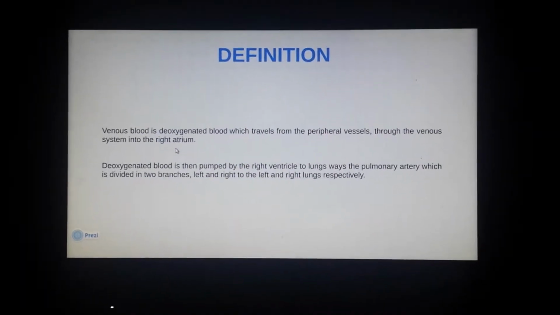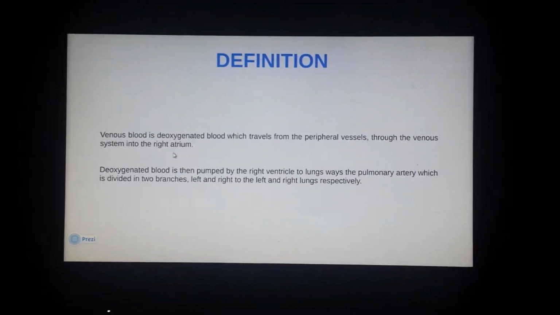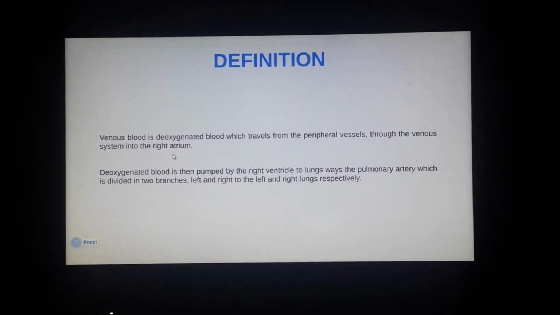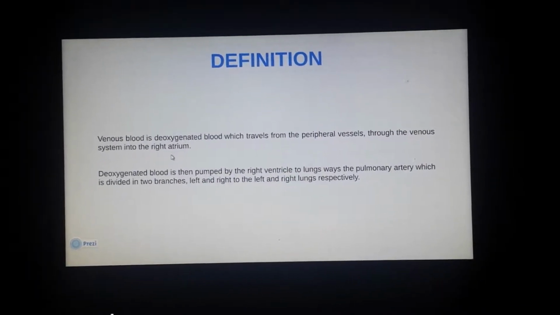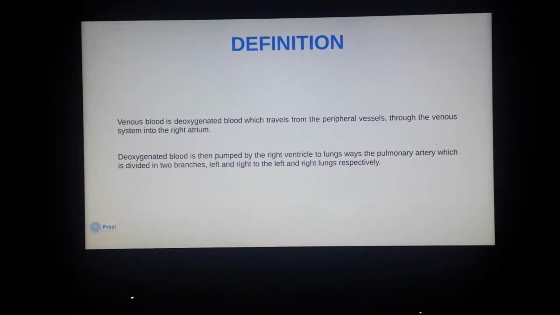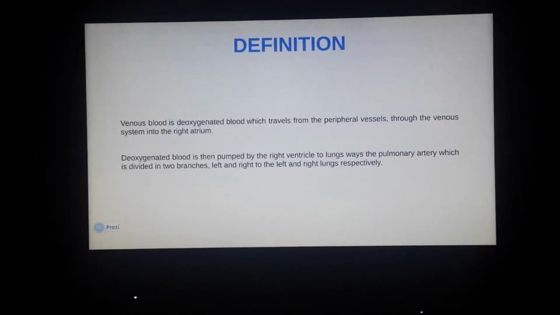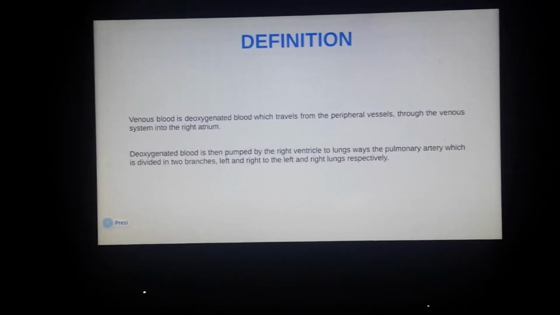The blood is then pumped by the right ventricle to the lungs by the pulmonary artery, which is divided in two branches, left and right, to the left and right lung, respectively.